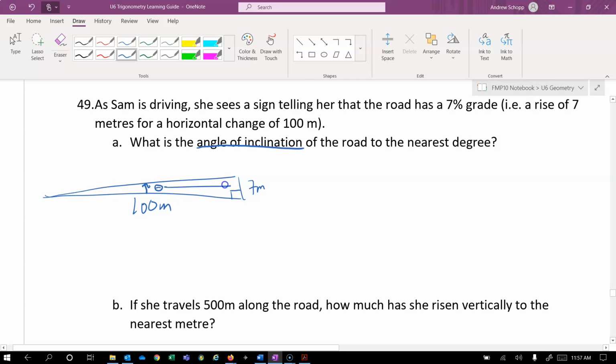From our angle, we know 7 is the opposite and 100 is the adjacent. Set up a trig function that relates opposite and adjacent. So that's tangent of the angle we're looking for, theta, is equal to 7 over 100. To undo the tangent of theta, we need to do the inverse tangent.